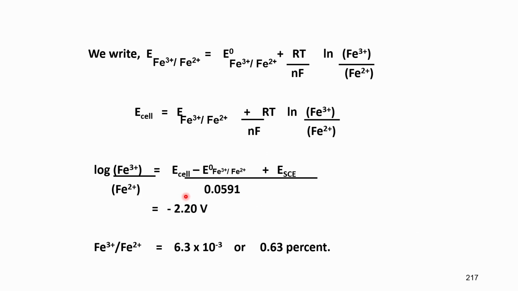Okay. 2.20 volts when I get, I can simply take the anti-log of this value 2.20 and tell you that 6.3 into 10 raised to minus 3 is the value, or what I get, that is approximately 0.63 into 10 raised to minus 2, that is 0.63%.